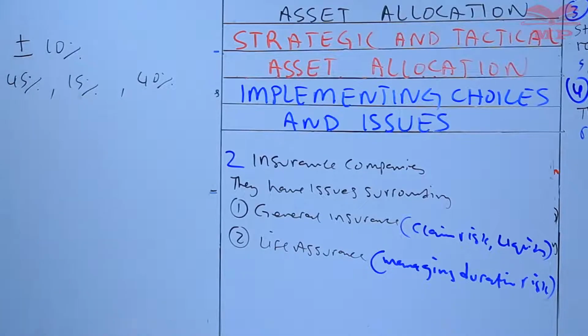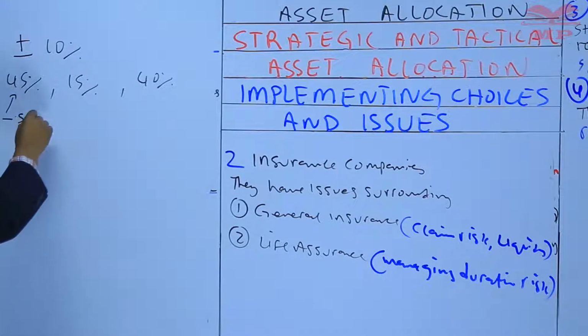So of course, 10% of this is 4.5. So that means it's going to be this plus 10%. So plus 10% is going to go to 55. Sorry, not 4.5. So it's going to go to 55. So it can go to a maximum of 55, and the lower limit can be 35, so 35 to 55 for that asset class. That's what I'm saying in terms of percentages, plus or minus 10%.